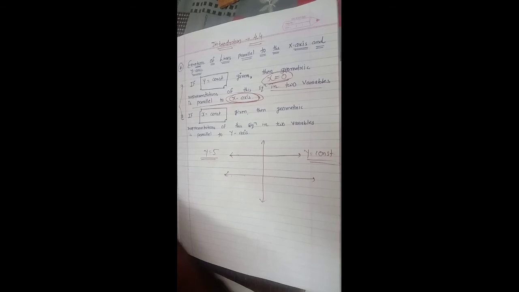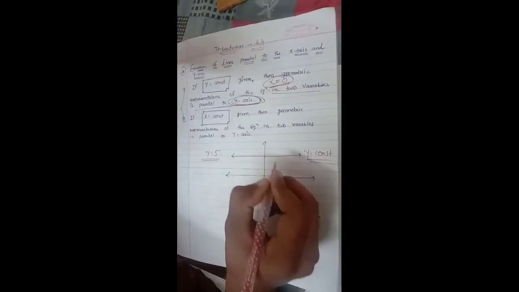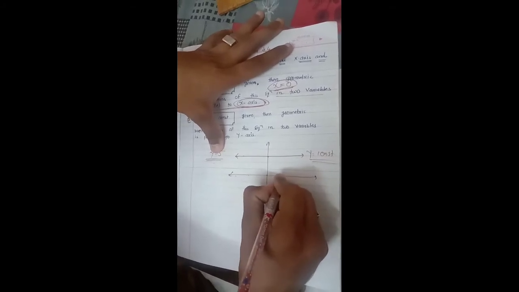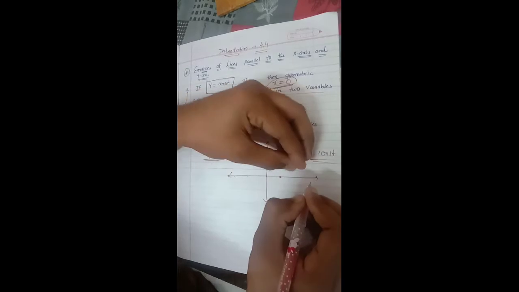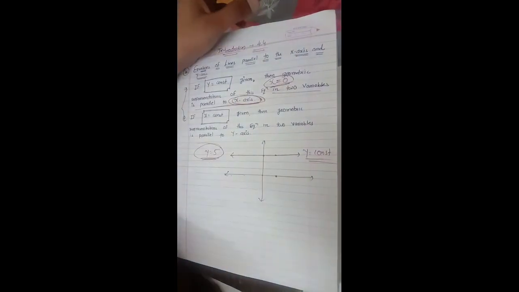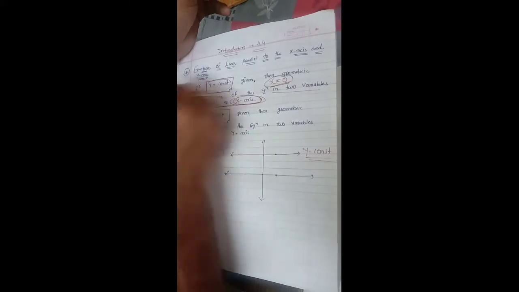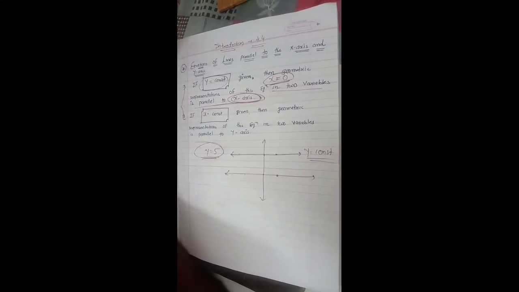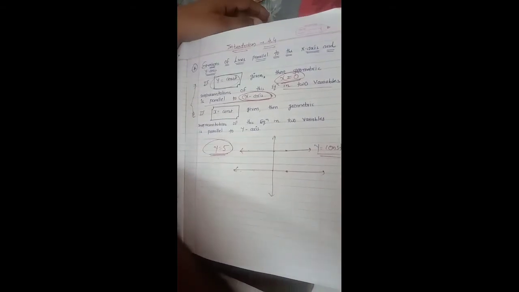How? If I take x is equal to 0, you get y is equal to 5. If I take x is equal to 1, you get y is equal to 5. Any value of x, you get the same value of y. This is the graph for y is equal to constant.